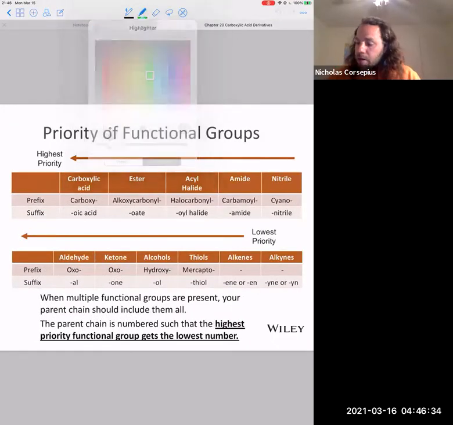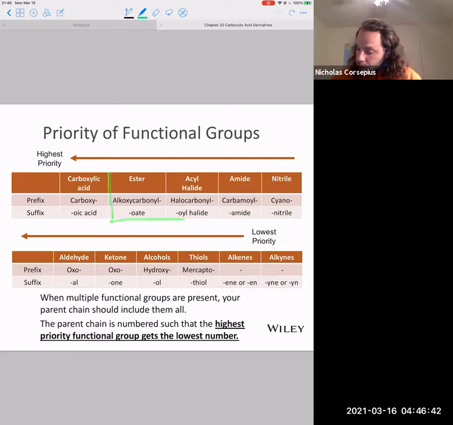We're going to be talking a lot about carboxylic acid derivatives. That would be like esters, acyl halides, amides, nitriles, but we will get to all of that. So for now, we're going to go ahead and ignore this portion of the chart. We'll cross that bridge when we get there. But notice that carboxylic acids are now our highest priority functional group. Okay.